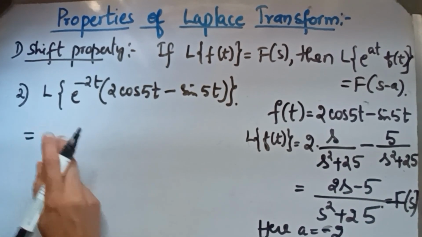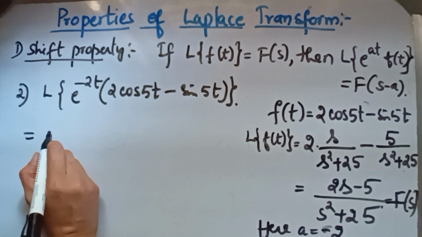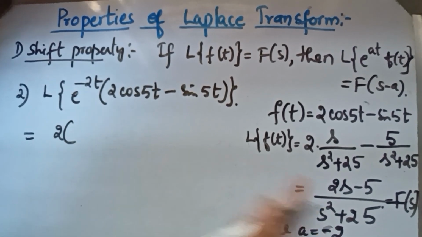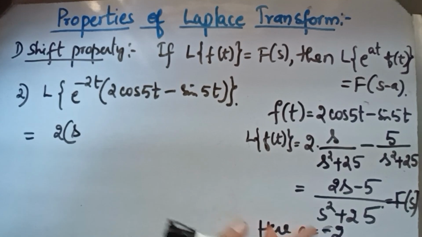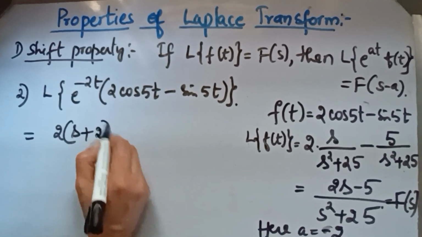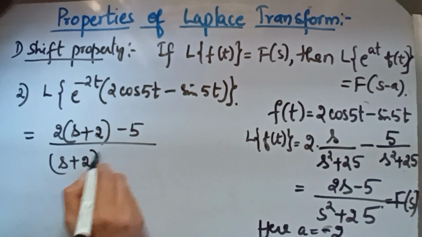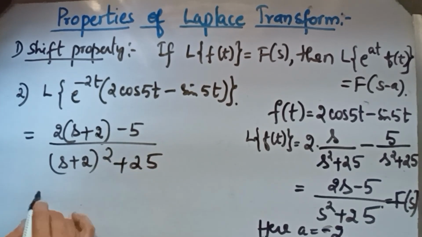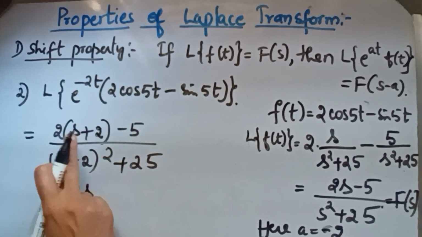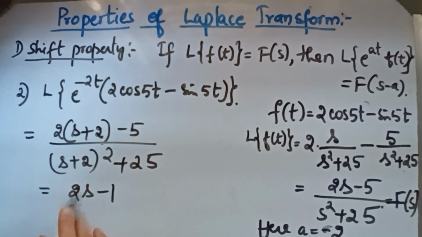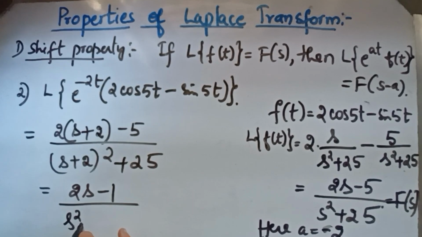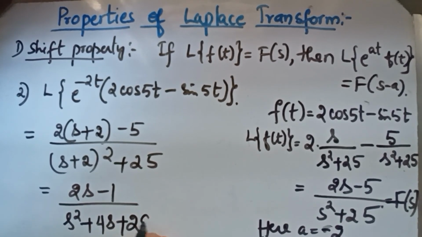Therefore, the Laplace transform is equal to, so 2 into s you have, so s minus of minus 2 is s plus 2, minus 5, divided by s plus 2 whole square plus 25. So this gives you 2s plus 4 minus 5, that is 2s minus 1, by s square plus 4s plus 29. So this is the final answer.